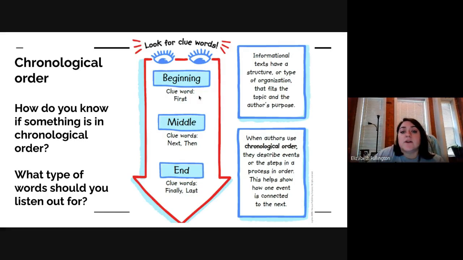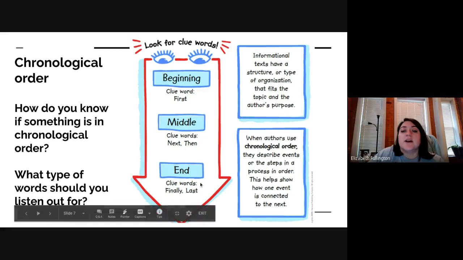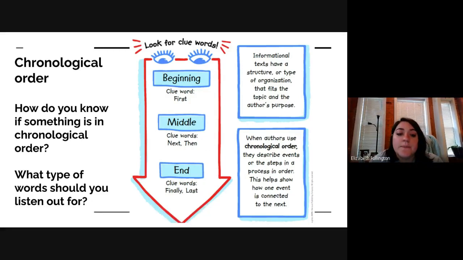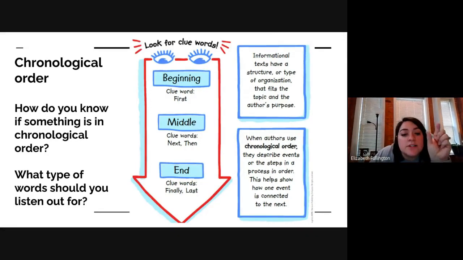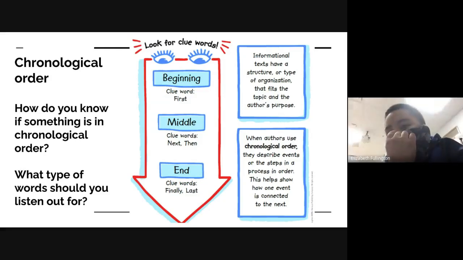It says clue words underneath beginning, middle, and end. Do you see them? So right here underneath the blue rectangles, there are some little bitty words. First, next, then, finally, and last. Good job.